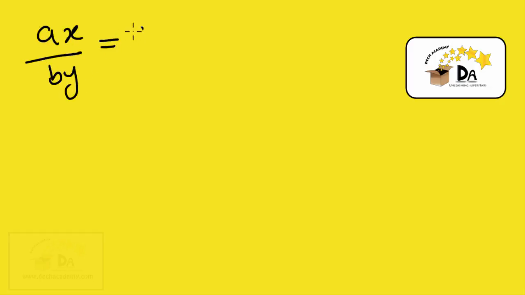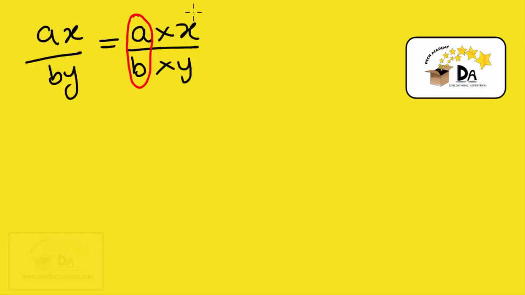Ax is the same thing as a times x, so here's our numerator. The denominator, by, is the same thing as b times y. Now here's what you can do. You can pick any numerator term and any denominator term and form a fraction. So you can say I form a fraction with this numerator and this denominator term.